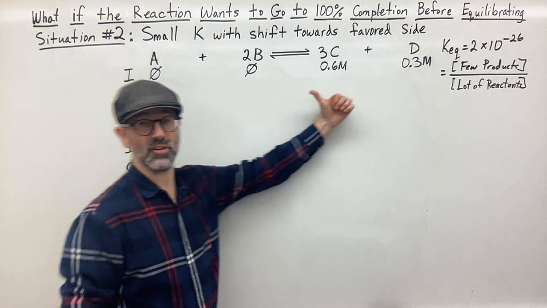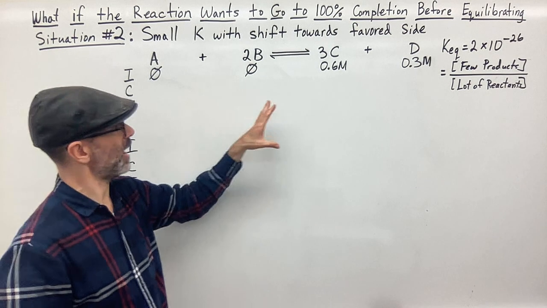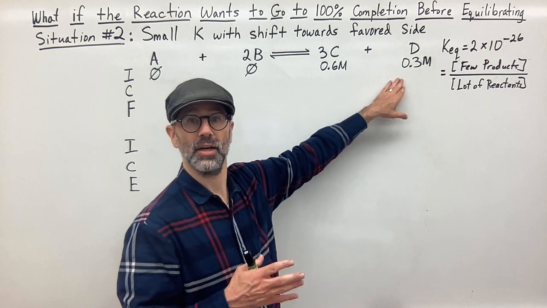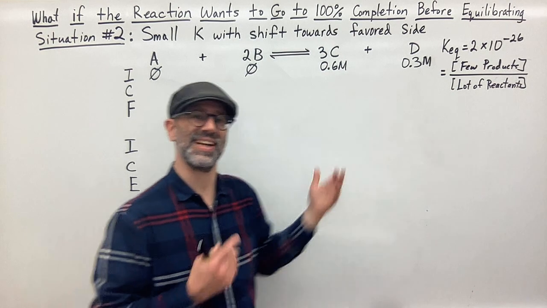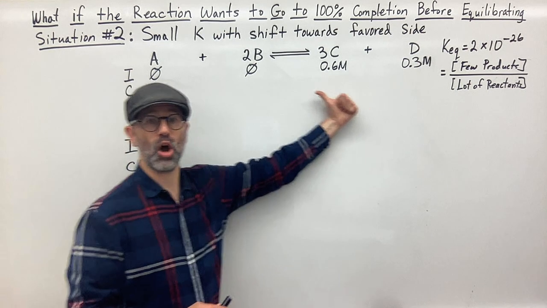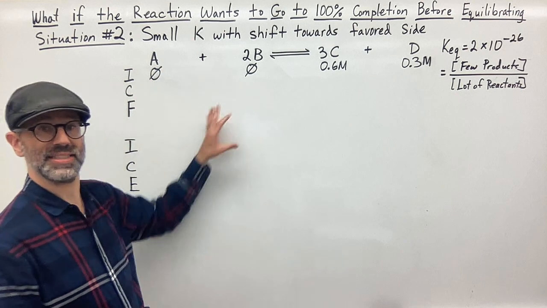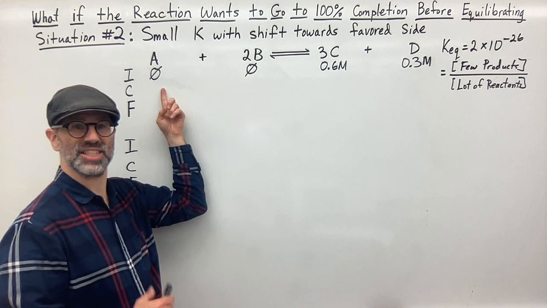So this is going to want to go this way, very much so, such that almost all of this is going to be gone, right? It's going to try to get rid of almost all of this. Is it going to get rid of all of it? No. So we know it's strongly in this direction, so it favors this side. But we also notice here that we have zero reactants.